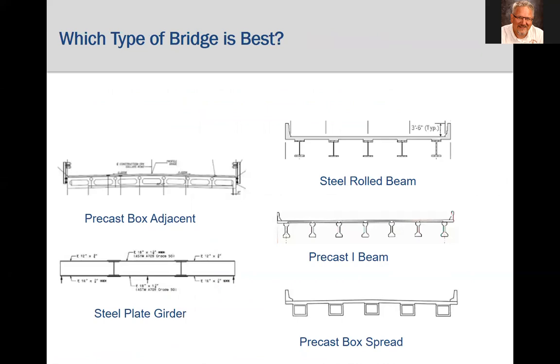So we go back to the original questions from owners of which type of bridge is best for life cycle costs: the precast box adjacent, the steel plate girder, the precast box spread, the precast I-beam, or the steel rolled beam bridges.